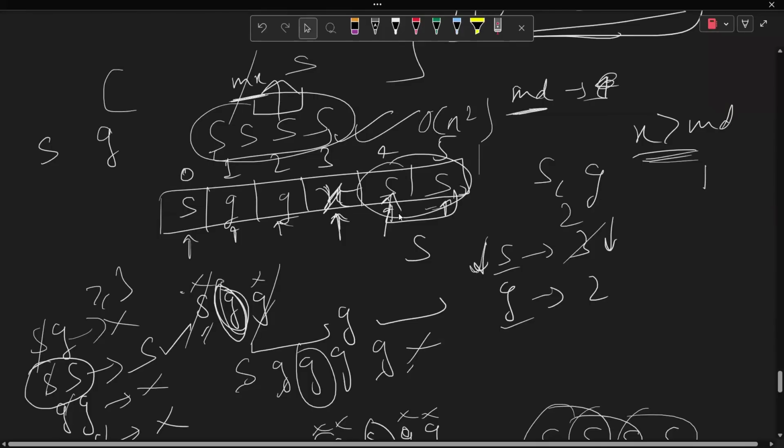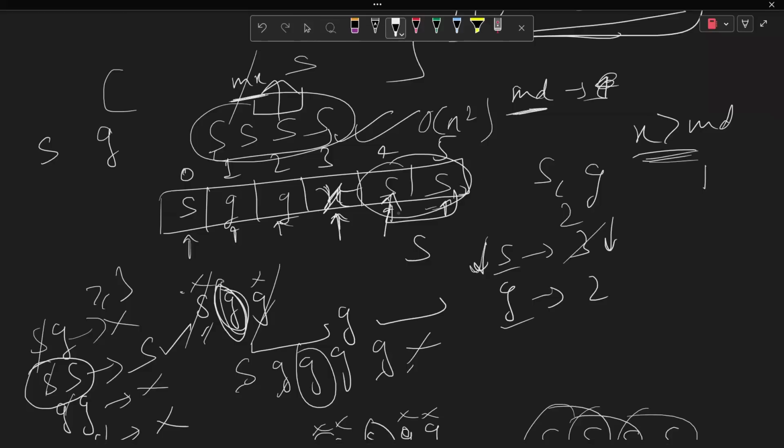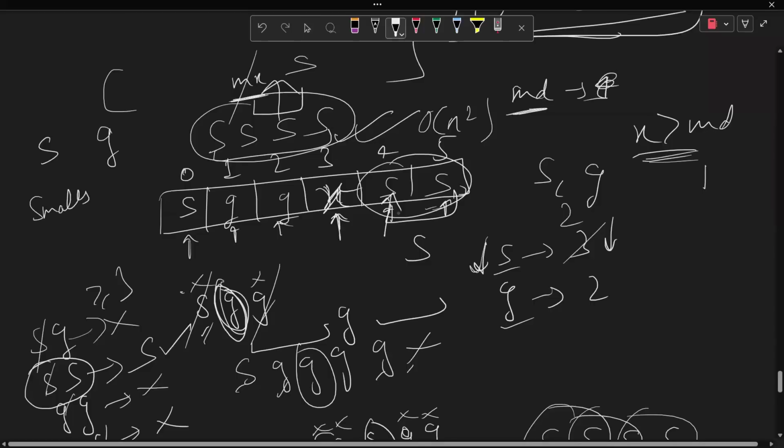Okay. So for that, a simple thing is just go from smallest to greatest. While going from smallest to greatest, whenever you go to some I, first check the conditions.